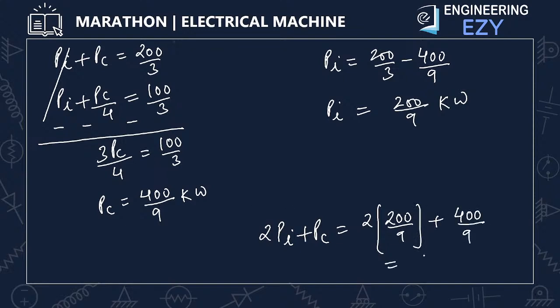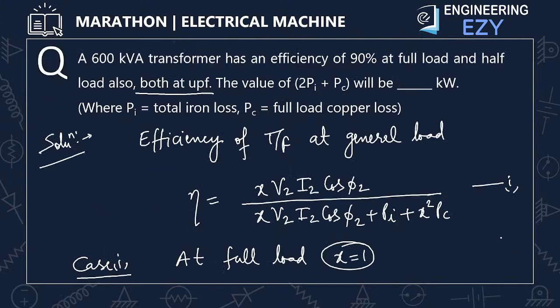So I am getting 800 by 9. If you solve 800 by 9, I am getting 88.88, or up to 2 decimal points, 88.89 kilowatt. So the correct answer of this question is 88.89 kilowatt.